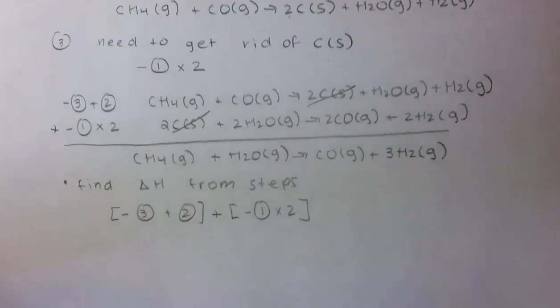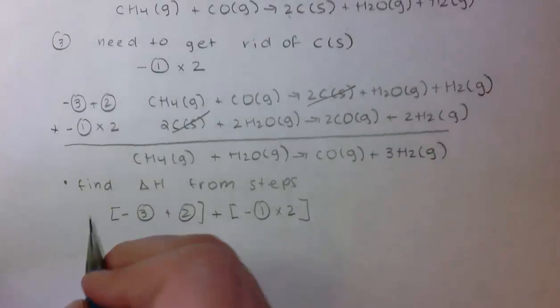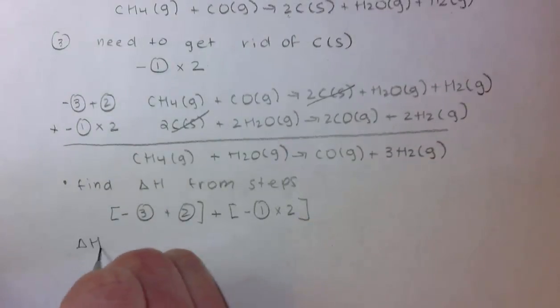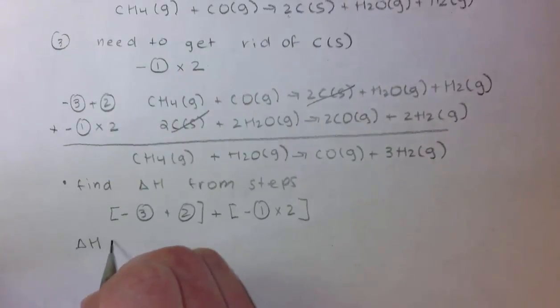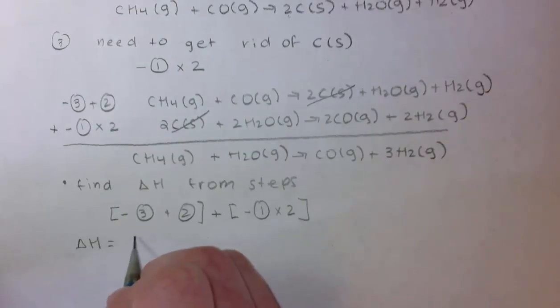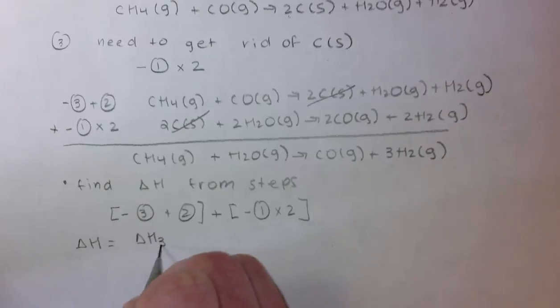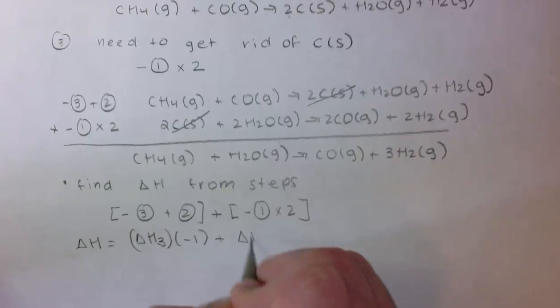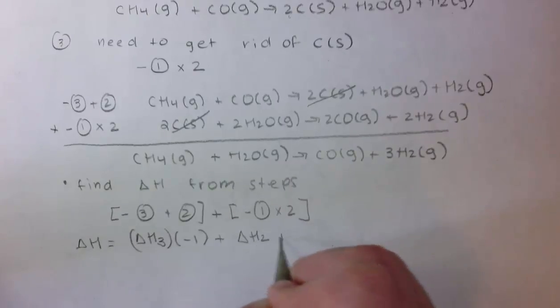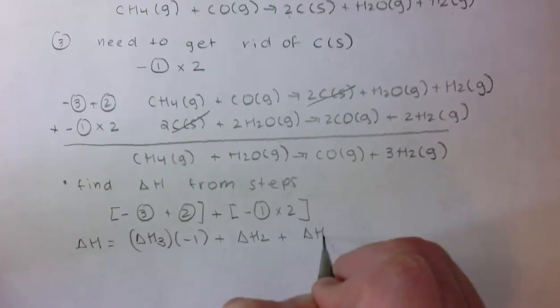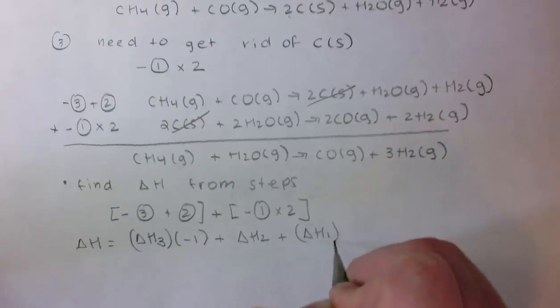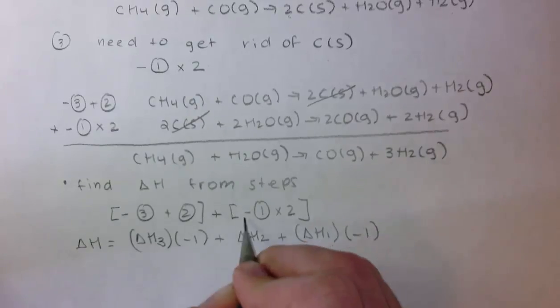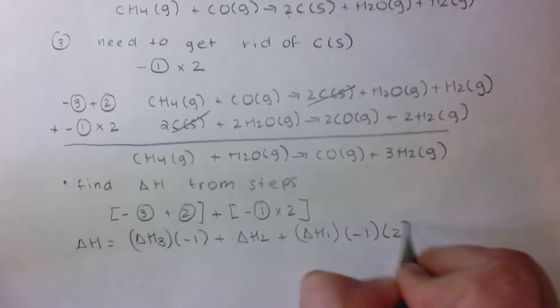This can be translated into finding the heat of reaction of the process we're interested in, because this will be the heat of reaction of equation 3 times -1, plus the heat of reaction of equation 2, plus the heat of reaction of equation 1 times -1 times 2.